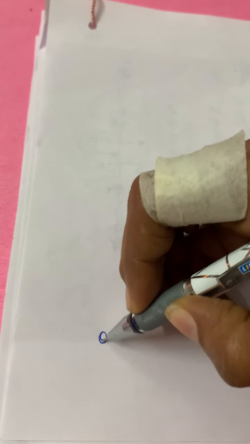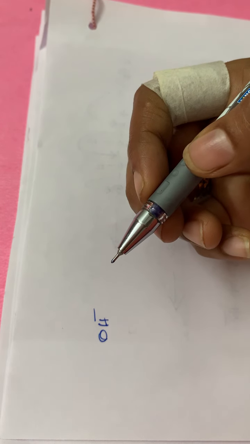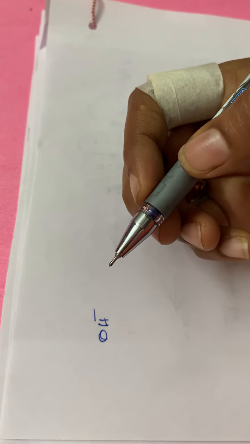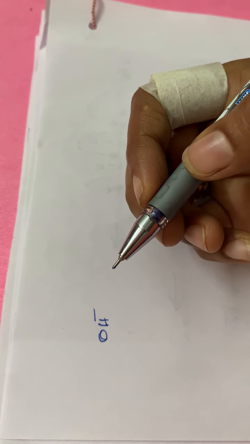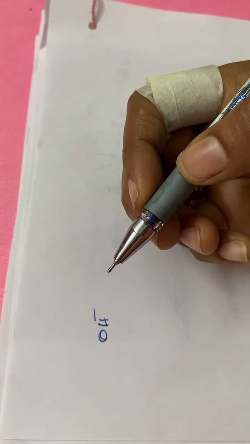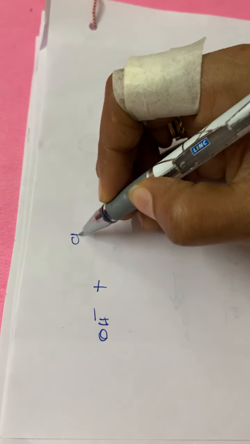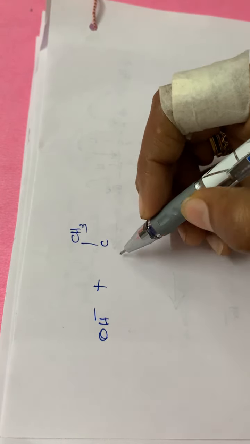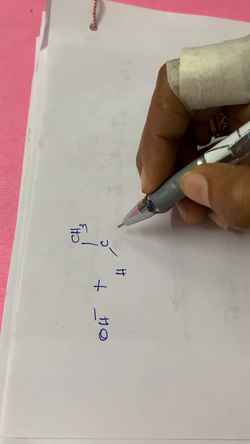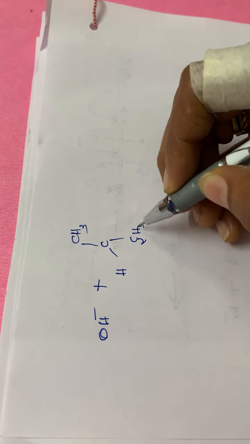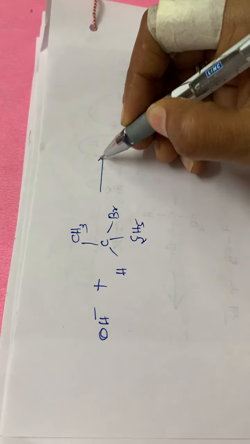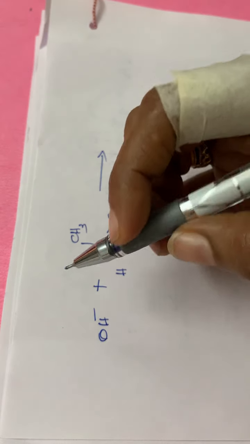See, Walden inversion, that is the attack of OH minus in the case of 2-bromobutane: OH minus plus CH3, C, then H, then C2H5, then Br. Okay, so here the attack is from the back side.